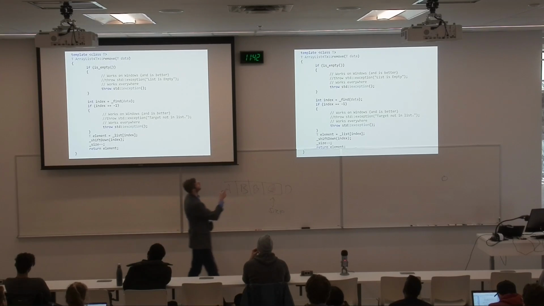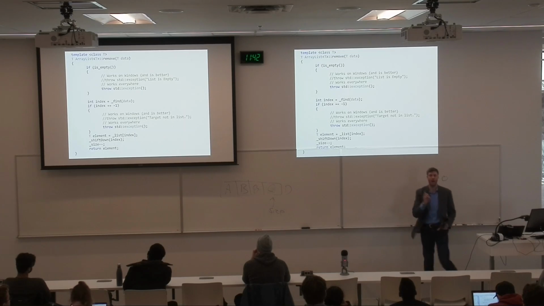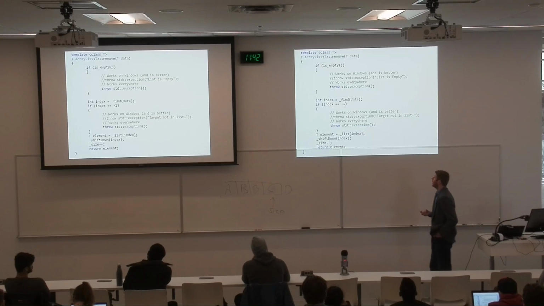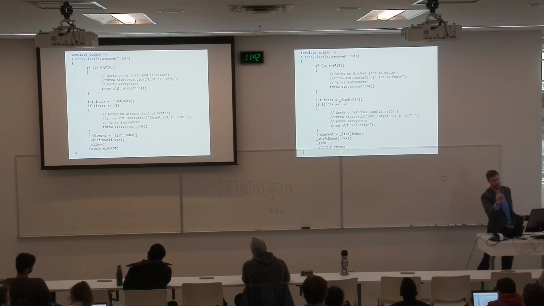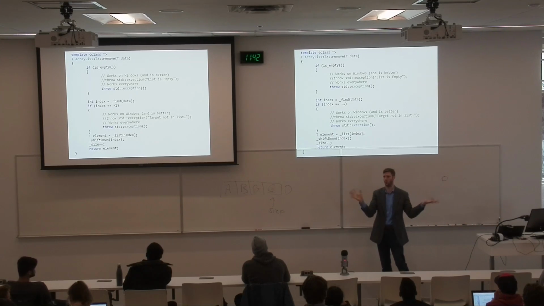So I check, is it empty? No. So find the data. I just call that find method, that returns the index of where something is. So find it. If index is -1, so we haven't looked at find yet, but find will return -1 if it doesn't find the thing we're looking for.